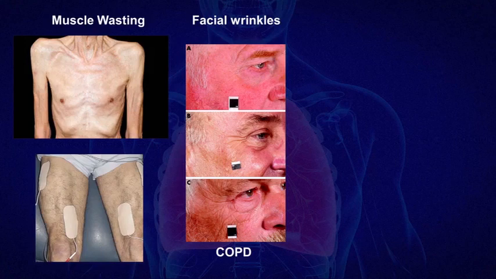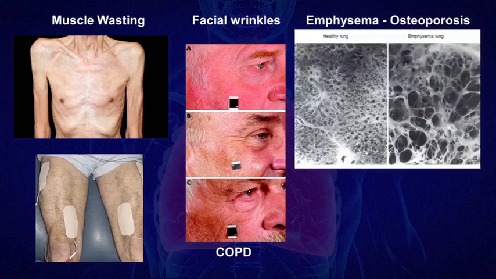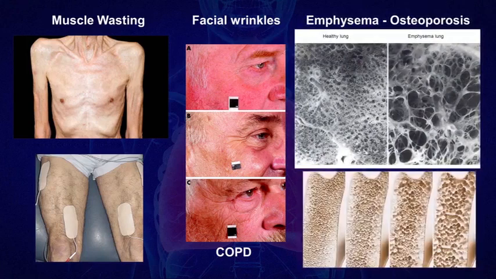If you look at the lungs of patients of COPD who have predominantly emphysema, you can see that there are literally holes in the lung because of damage and destruction of the alveoli. Now, if you take a cut section of the bones of these patients, you will find more or less the same thing, that there are holes in the bones as well, and this is because of osteoporosis.